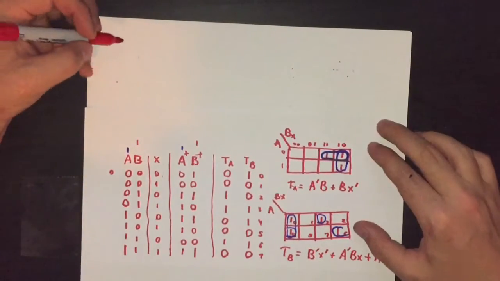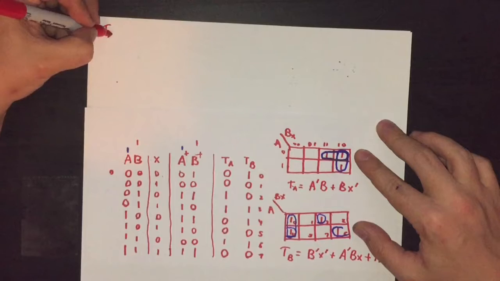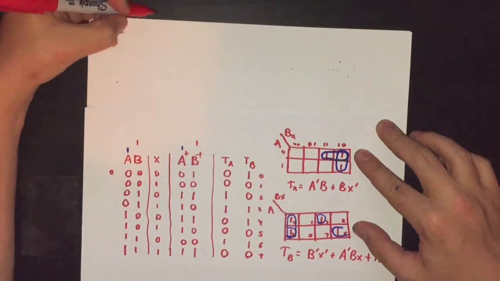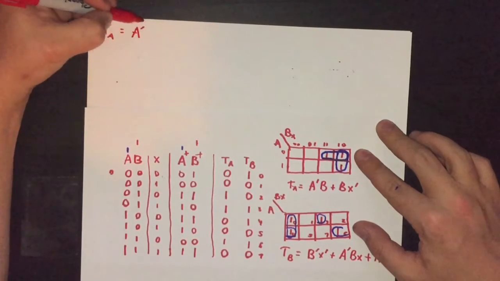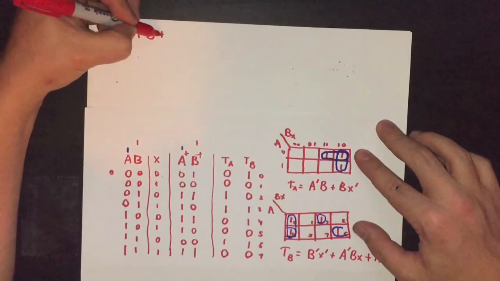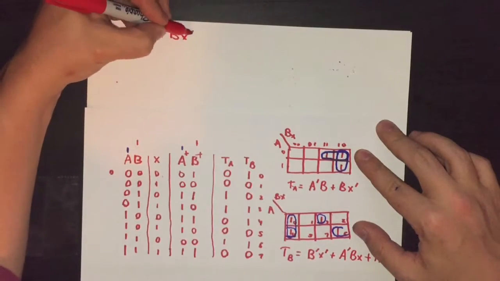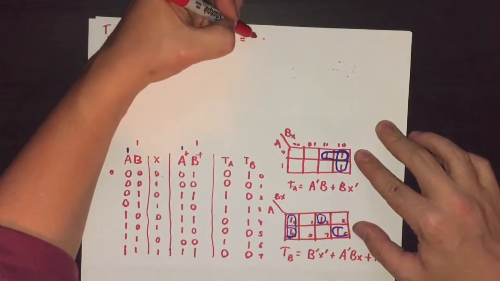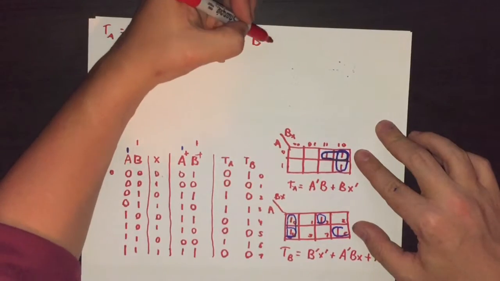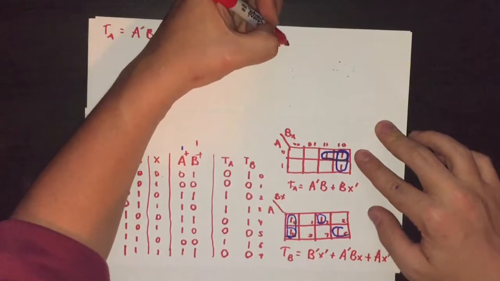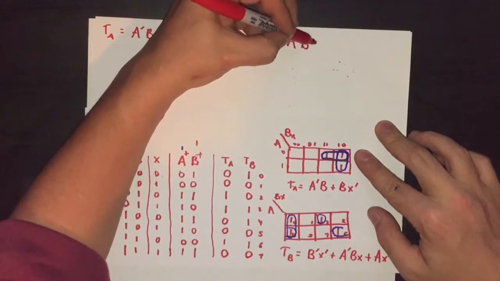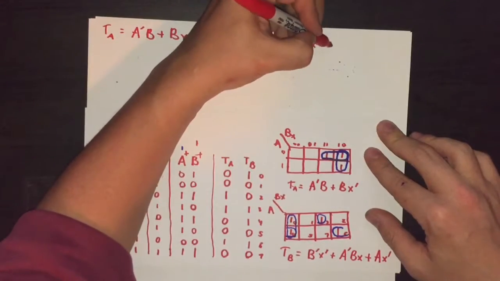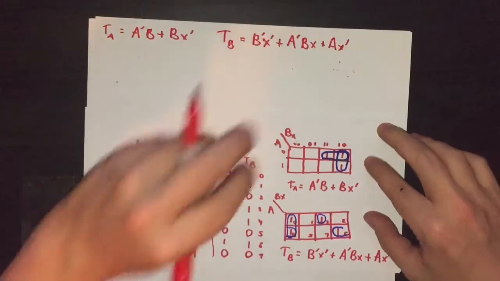I'll write these expressions for T on here. TA is A naught B plus B X naught. TB is B naught X naught plus A naught B X plus A X naught.